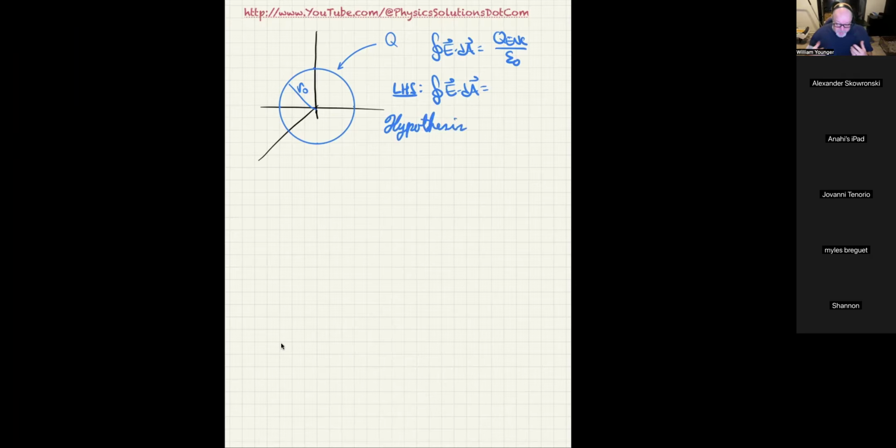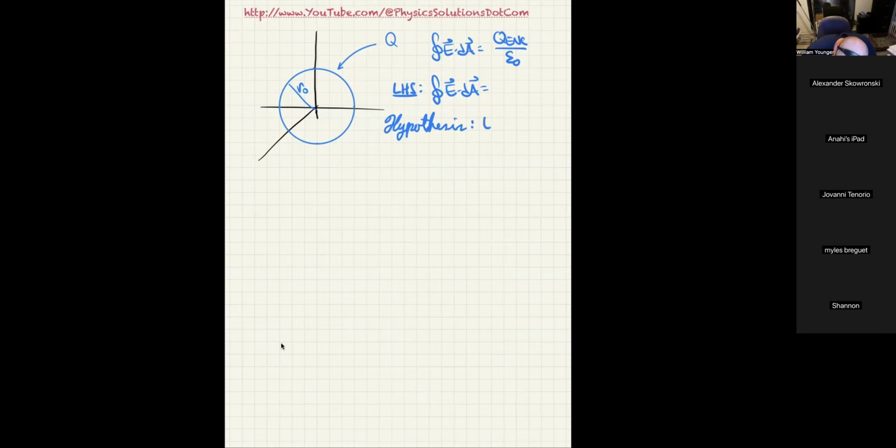So I'm hypothesizing an actual Gaussian surface and an electric field. First, I've got to guess or hypothesize what the electric field is going to be like. Well, it appears that this spherical surface of charge has all the charge uniformly distributed on the outside edge of that surface. So I suspect the electric field has spherical symmetry.